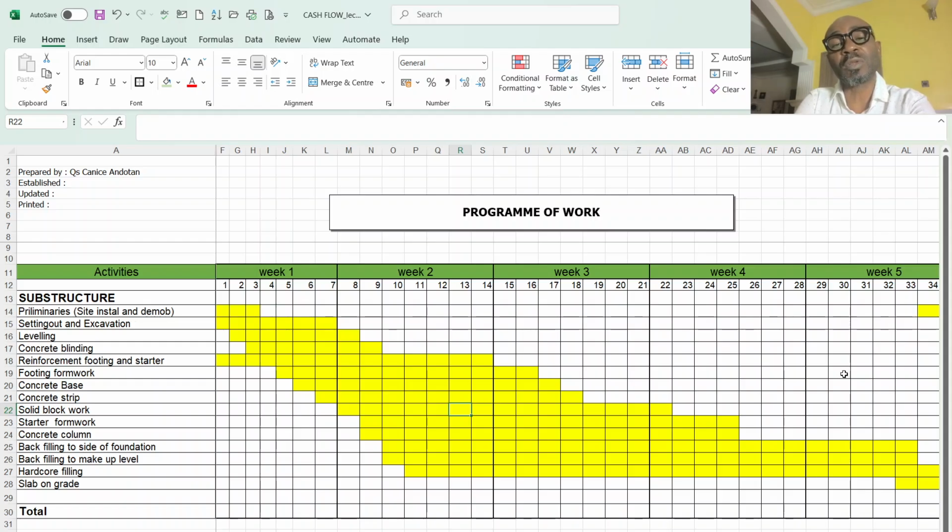Say the condition of the contract stipulates that for every day that you delay in delivering the project, a certain percentage will be charged for that delay as damages. So you fall victim to that.